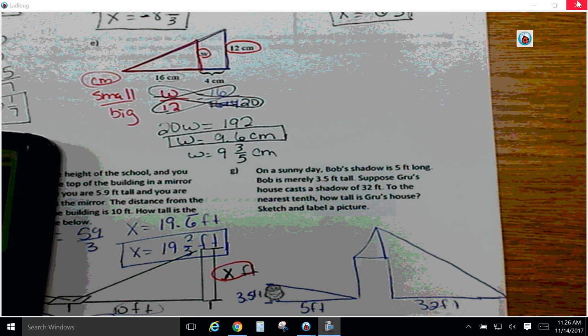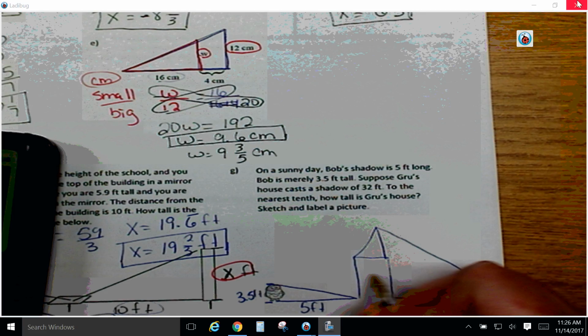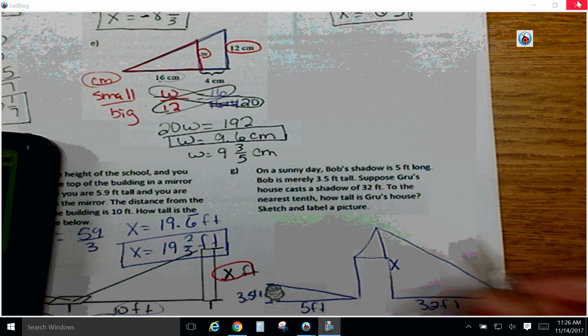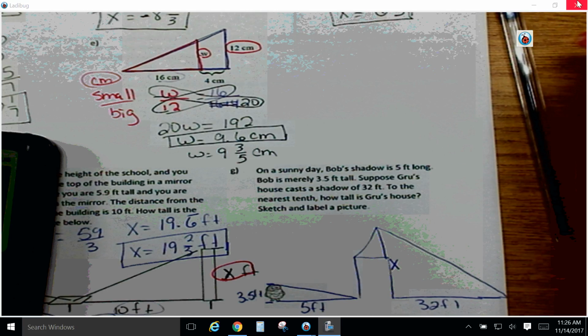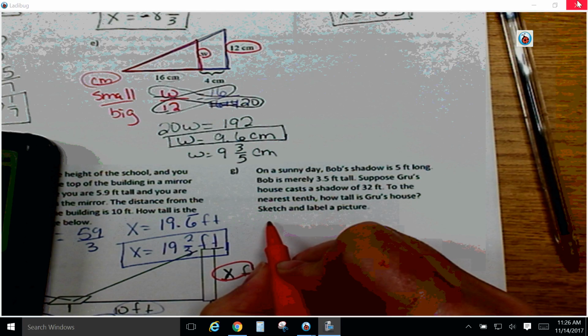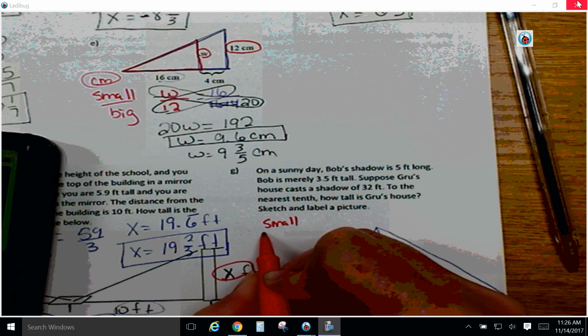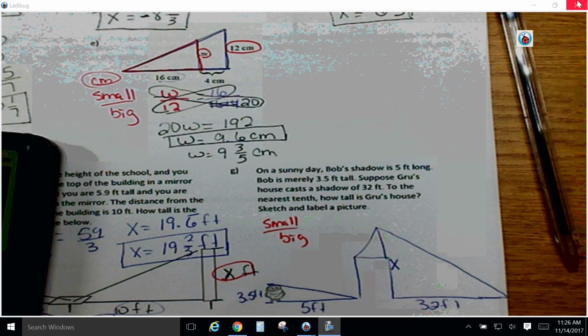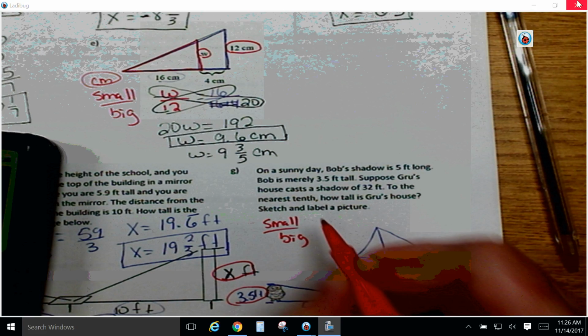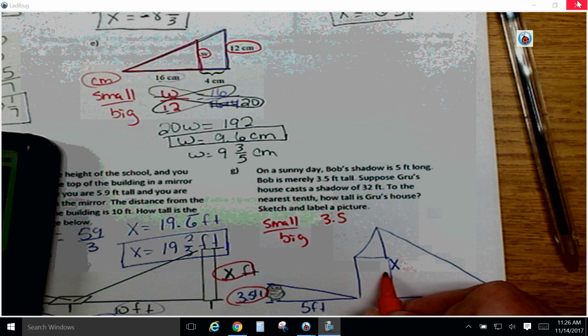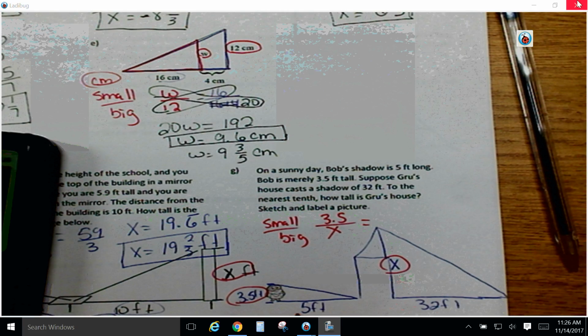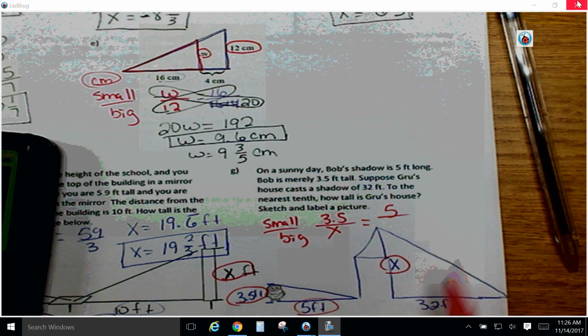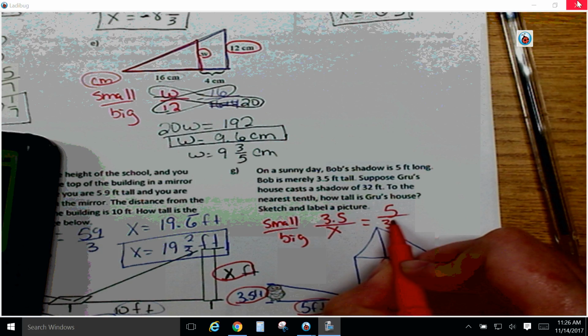Okay, so what we don't know is this value right here. You see it? All right, so we're going to go from small to big. Our small amount is 3.5, and our big amount is x. Our small amount is 5, and our big amount is 32.